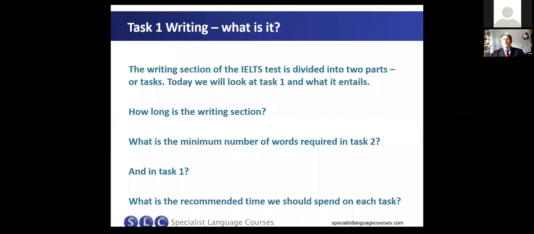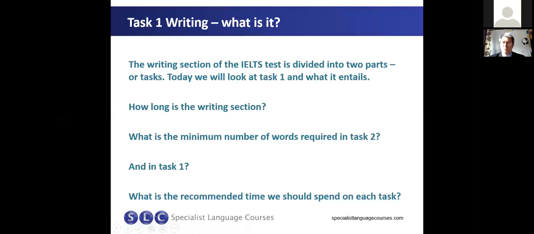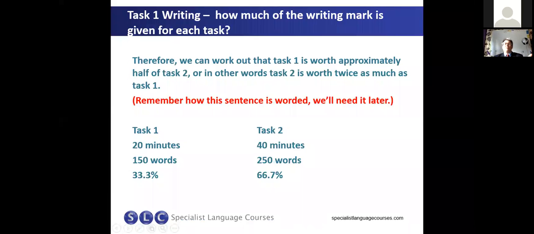So on Task 1, it's recommended that we spend 20 minutes. On Task 2, 40 minutes. Now, it doesn't take a mathematical genius to work out that Task 1 is worth approximately half of Task 2. Or in other words, Task 2 is worth twice as much as Task 1.